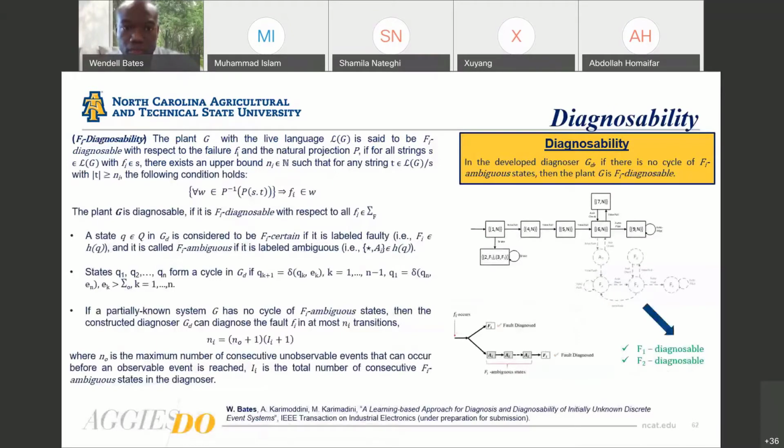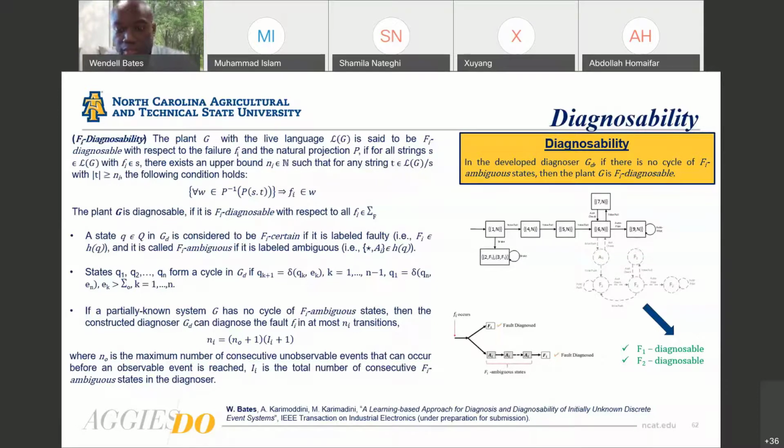And so a very important property of the diagnoser is diagnosability. In the top right is the equation for FI diagnosability if you have access to the system, but when you don't, we have come up with a sufficient condition that says if you have no cycle of ambiguous states within your diagnoser, then you can say that the system is diagnosable.